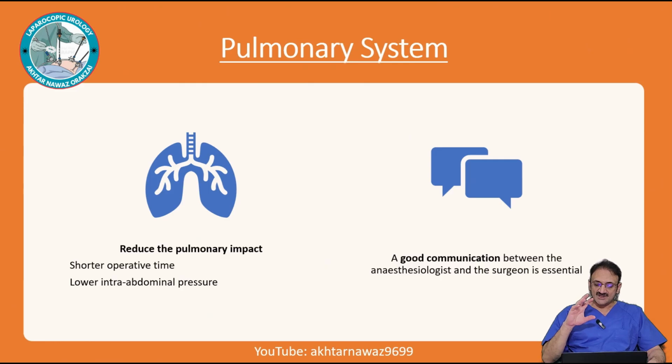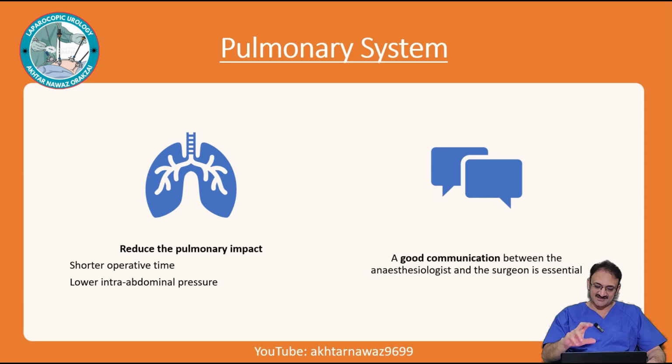So there should be really good communication between the anesthesiologist and the surgeon, because the anesthetist can increase the rate and can give positive pressure ventilation as well to reduce the carbon dioxide in the blood and hypercarbia. However, what the surgeon can do is reduce the impact of these effects on the lungs by performing a shorter procedure.